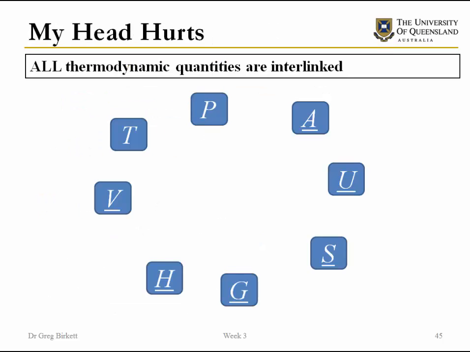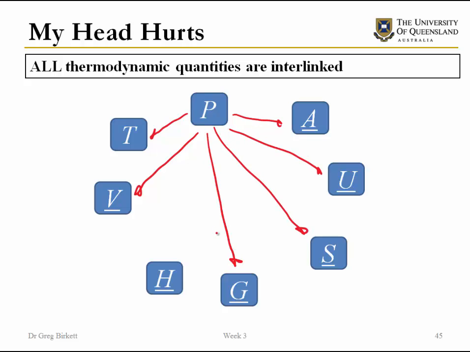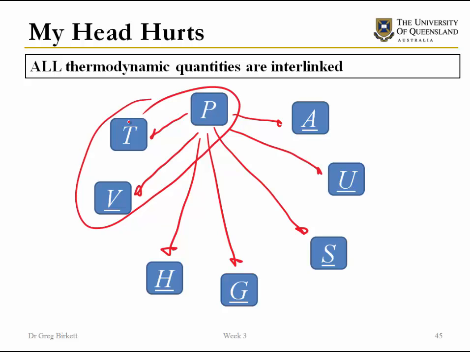Now this has been a whole lot of equations, and unfortunately that can't be avoided. But there are a couple of key points here. One key point is that all thermodynamic quantities are interlinked. If we have pressure as a function of temperature and volume, that means we can calculate all these other things, or changes in all these other things, by using that equation that relates these three properties.